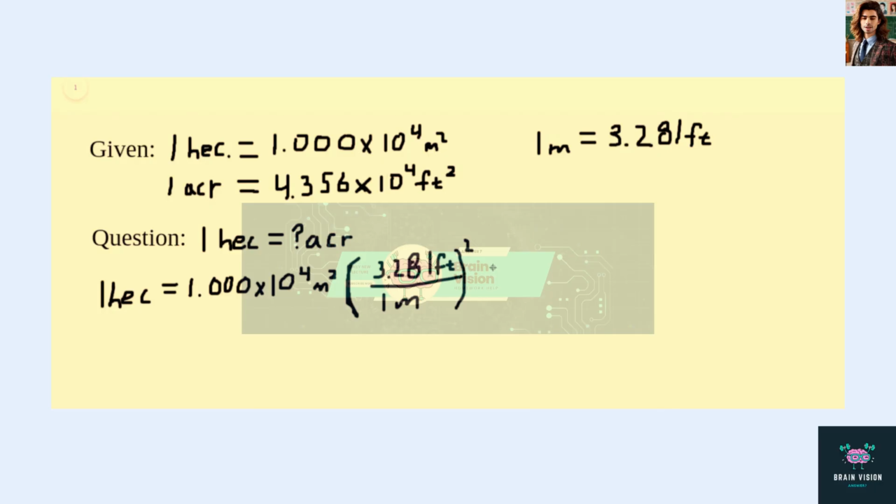Okay, and then we also, now that we've just converted it from meters into feet, we also need to multiply this by the conversion from feet into acres.